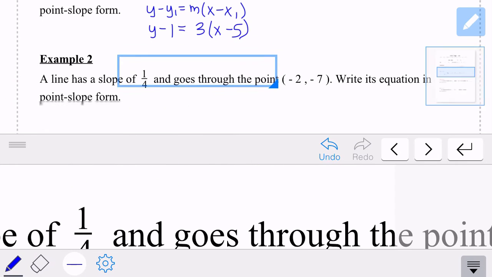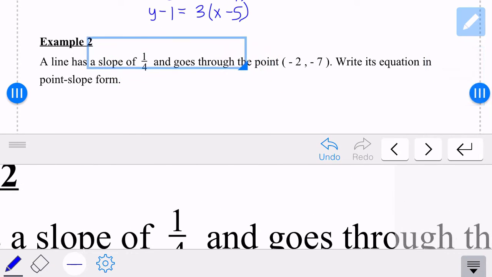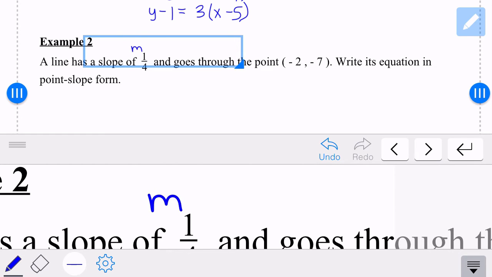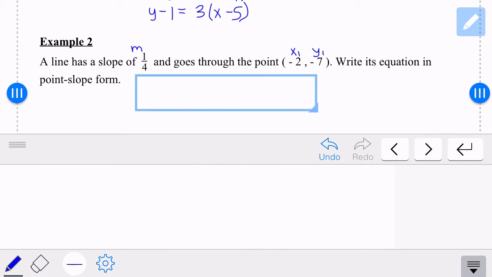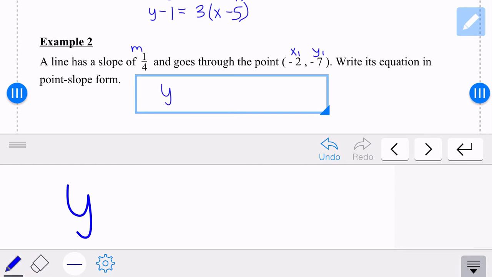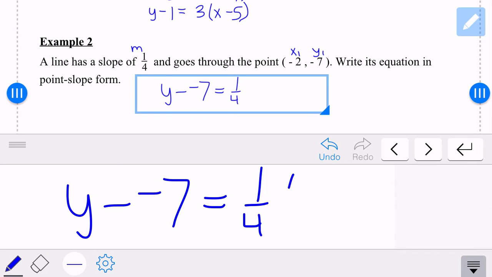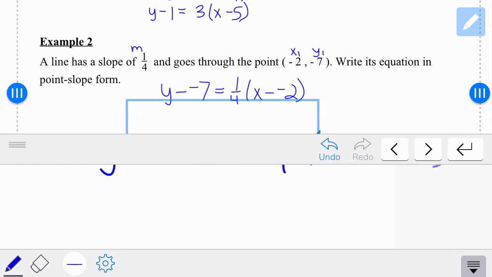Let's look at another example down here. We've got a slope of 1 over 4, so that's our m, and our point -2, -7, so that's x1, y1. So we've got to just put that in here. So we've got y minus -7, and then 1/4 times x minus -2.